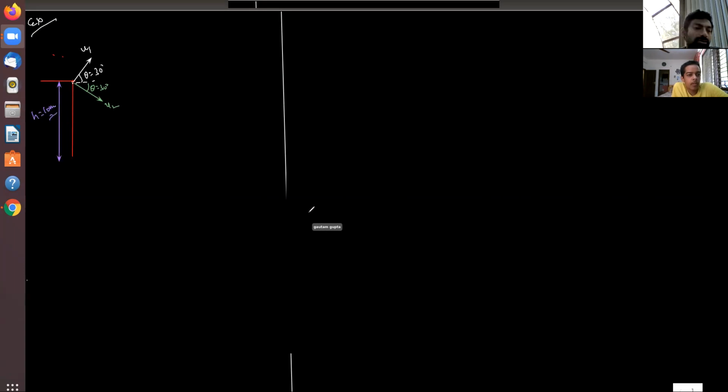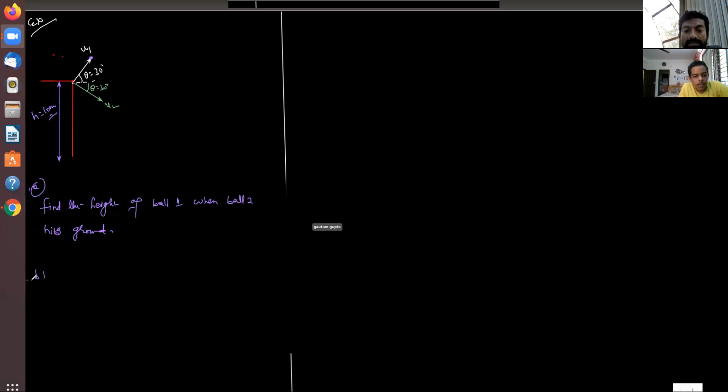We'll solve in terms of the unknowns first. Okay, so you have to find out where will be the first ball when the second ball hits the ground. So first question is find the height of ball 1 when ball 2 hits ground.